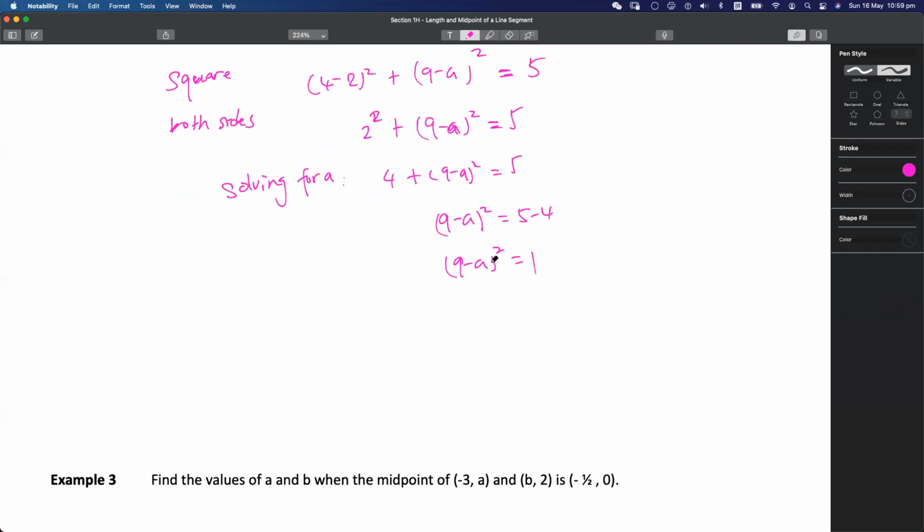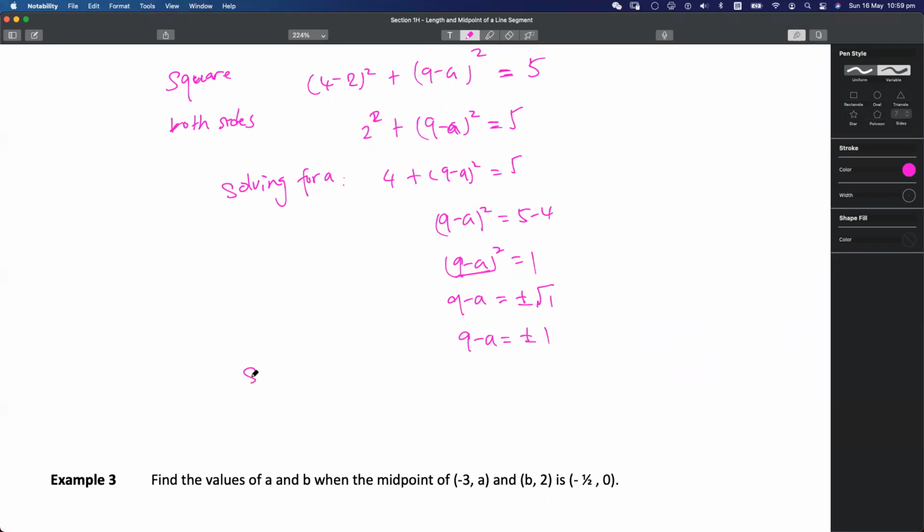Here, something squared is equal to 1. So the thing inside, 9 minus a, is equal to plus or minus the square root of 1. So 9 minus a is equal to plus or minus 1, and you have two solutions.